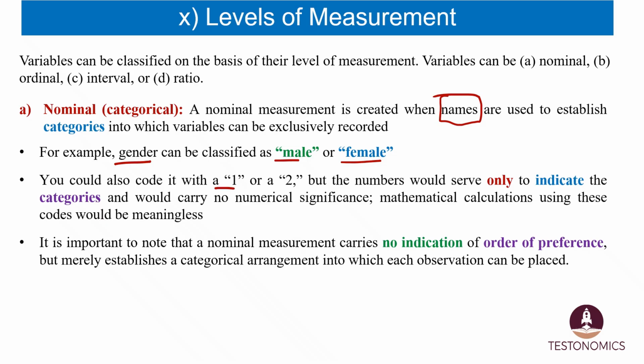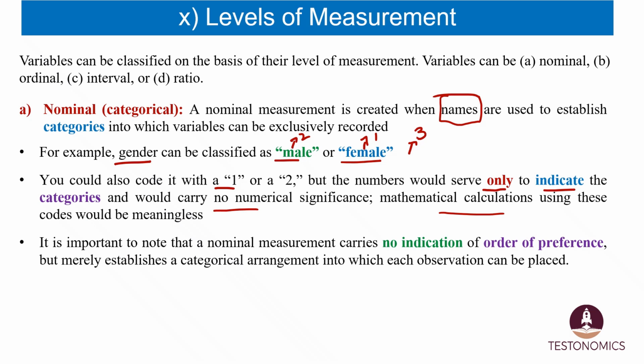For example, we can say that we will use 1 to denote female and 2 to denote males and 3 to denote the third gender. But still, the underlying distinction is not changing because these numbers serve only to indicate the categories and they will not carry any numerical significance. That means mathematical calculations will not be feasible on these 1, 2 and 3.